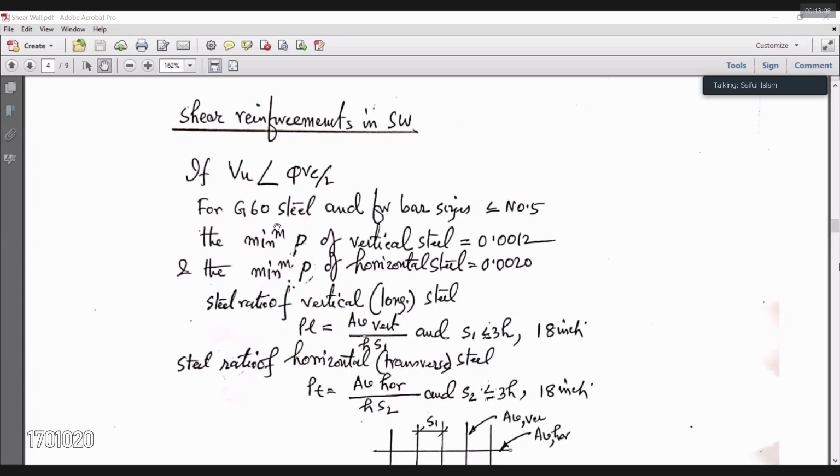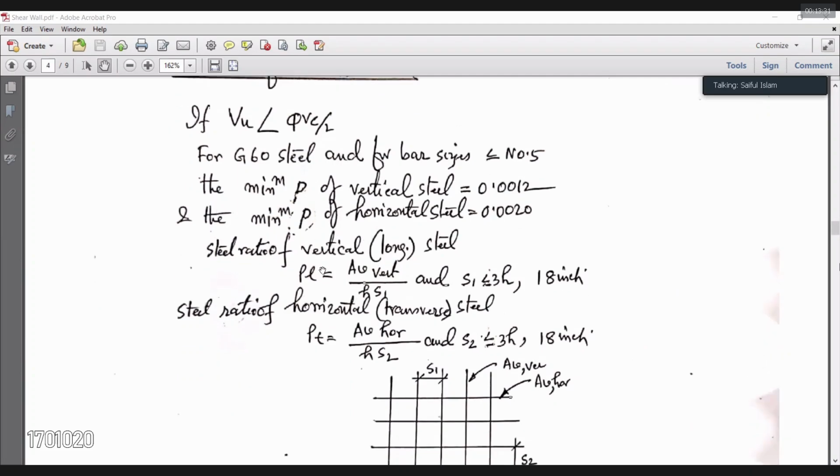For grade 60 steel and for bar sizes number 5 or less, in this condition, the minimum vertical steel ratio in a shear wall should be 0.0012, and the minimum horizontal steel ratio should be 0.0020 under that condition. Now, how to calculate the steel ratio?